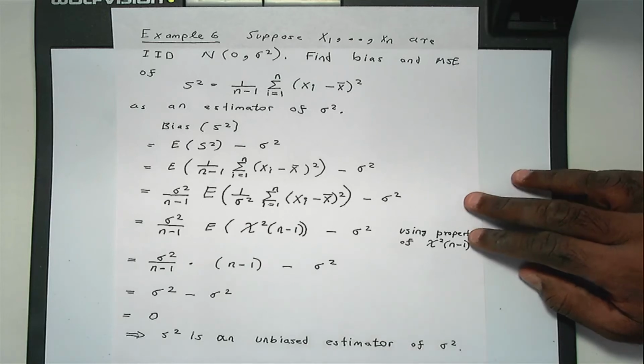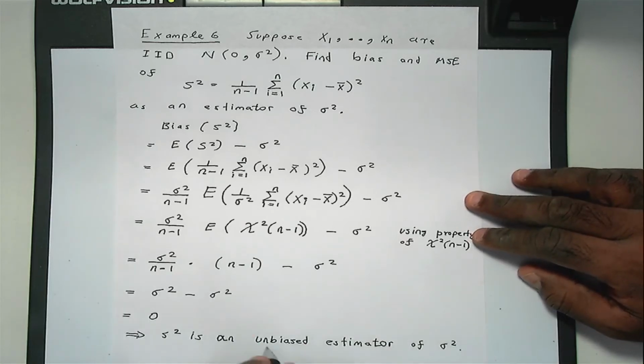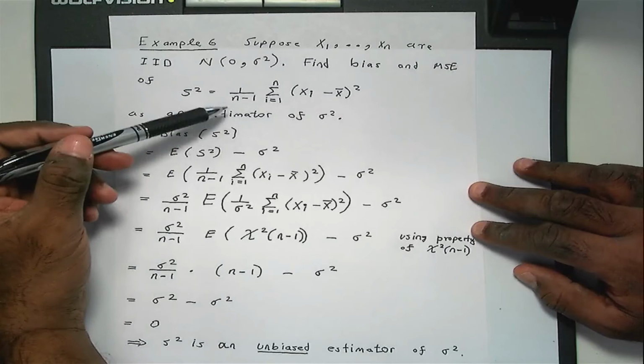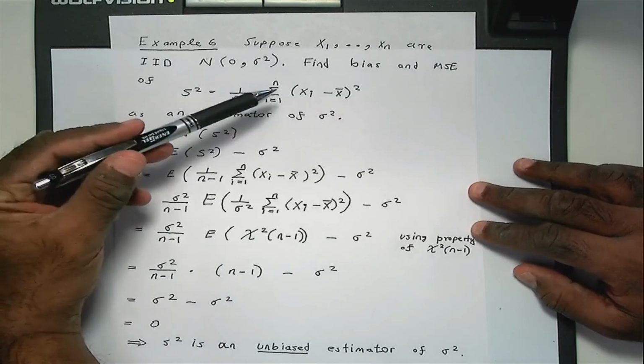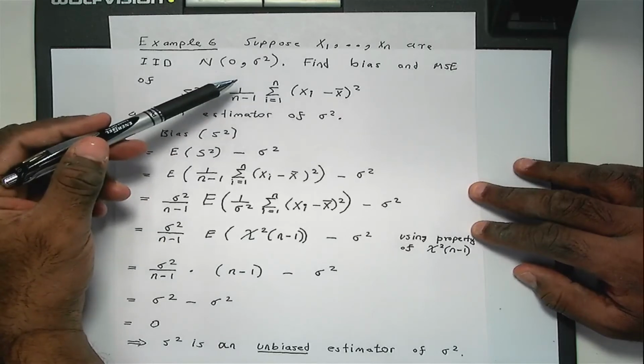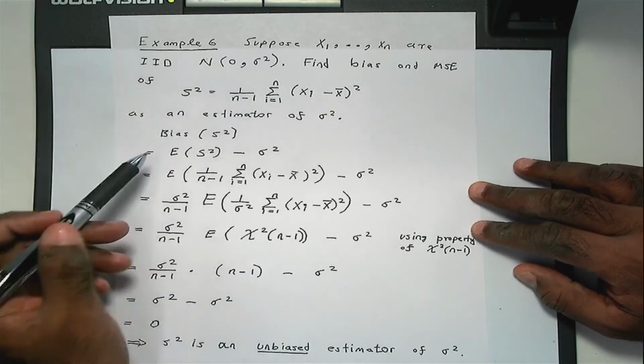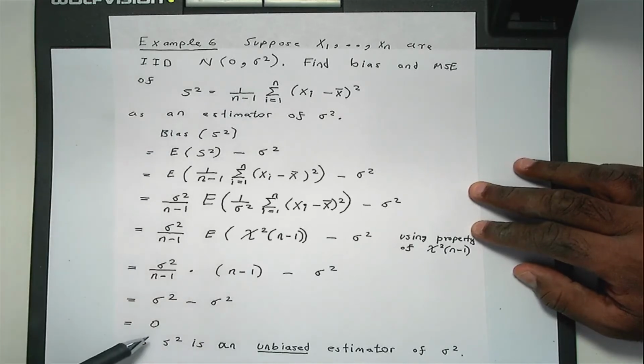The keyword here is unbiased. This is exactly what I meant when I said that dividing by n minus 1 gives you an unbiased sample variance. What I meant by that is that the bias of it is equal to 0. So S squared is an unbiased estimator of sigma squared.